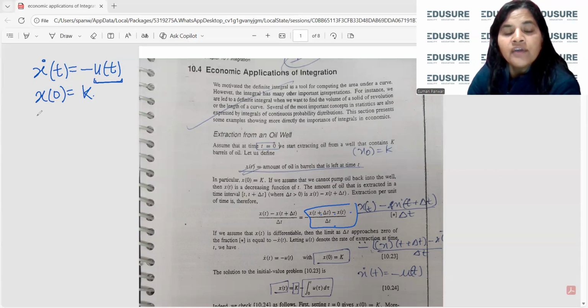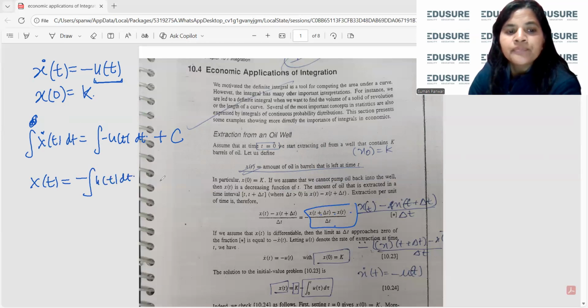Now when we integrate both sides of x dot t with respect to t, you will get minus u(t) dt, and we will be getting a constant c. So when we integrate this, you will get x(t) equal to minus the integral of u(t) dt plus c. Now put t equals 0. The integration will be from time 0 to t, because the initial time is 0 and the final time is t.